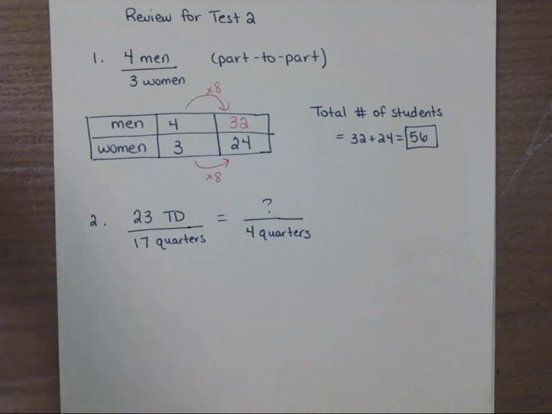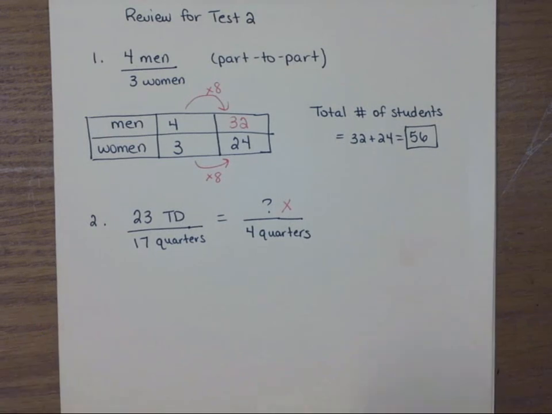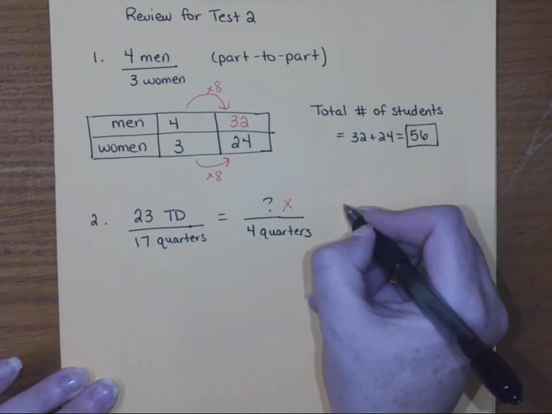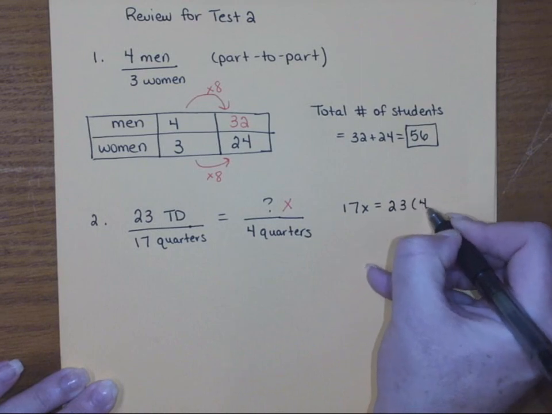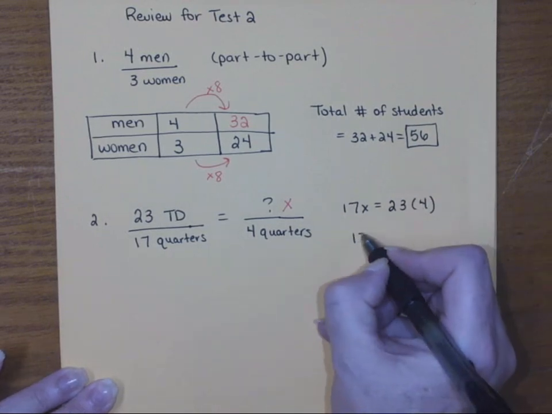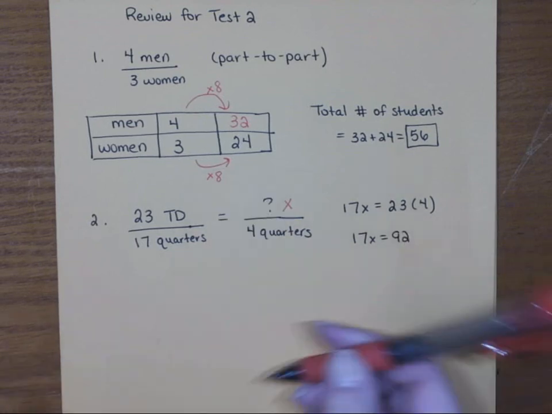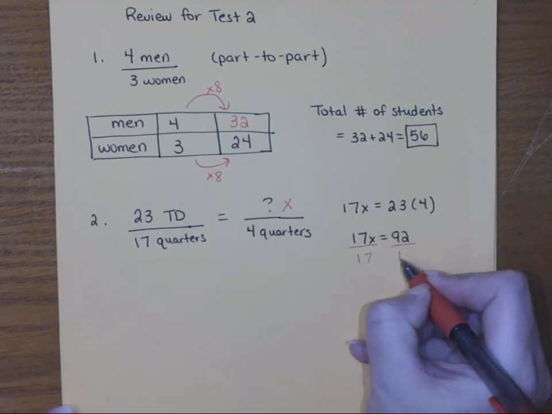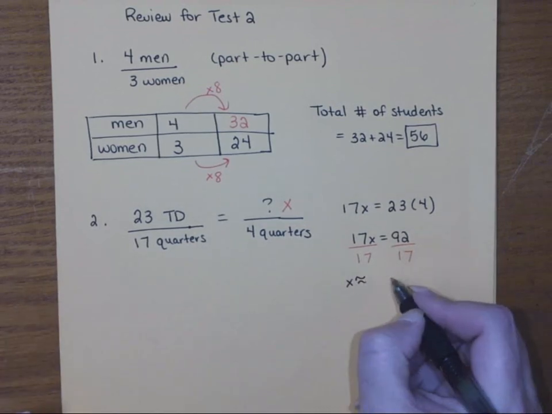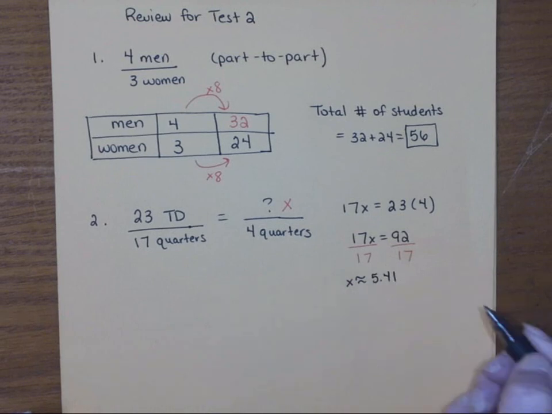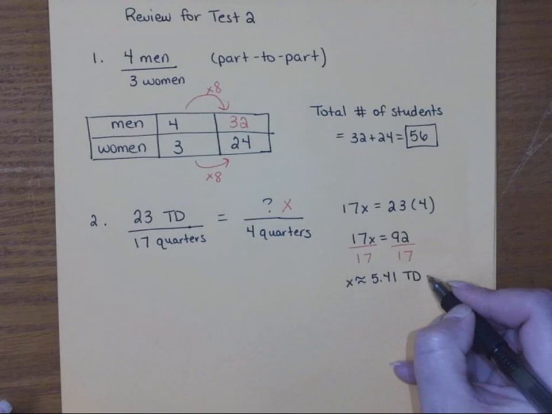Okay. And remember, when I'm doing a proportion, I can cross multiply. I can call my unknown x, right? And then I have 17x equals 23 times 4. Or I have 17x equals, if I use a calculator, 92. And then if I divide by 17, I get an approximate answer, right? If I asked you to round it to the nearest 100th, that's 2 decimal places. So it's basically 5.41 on average TDs per game.